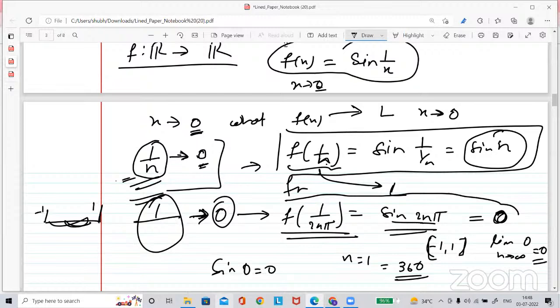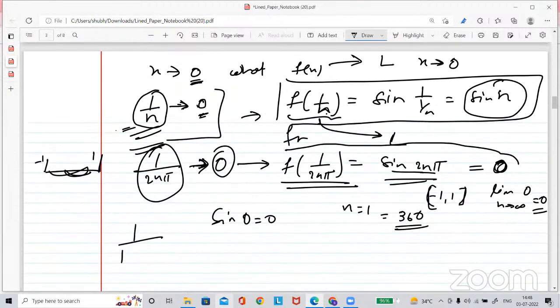I just erase it here, 2n pi. If you check it for the sequence 4n plus 1, pi by 2, it is also approaching 0, because I just multiplied pi by 2 here.